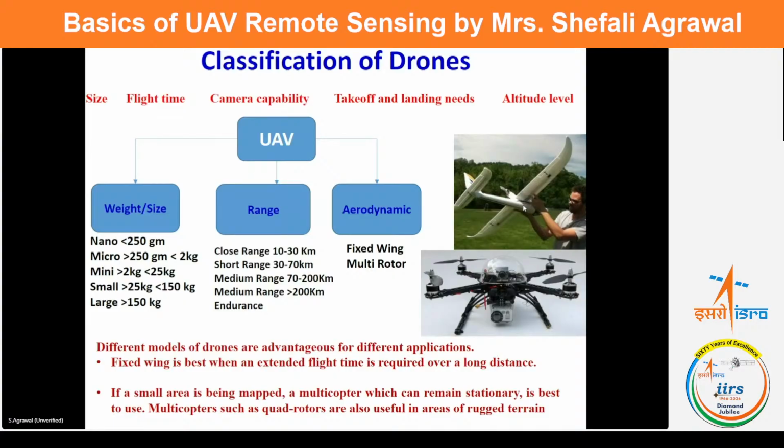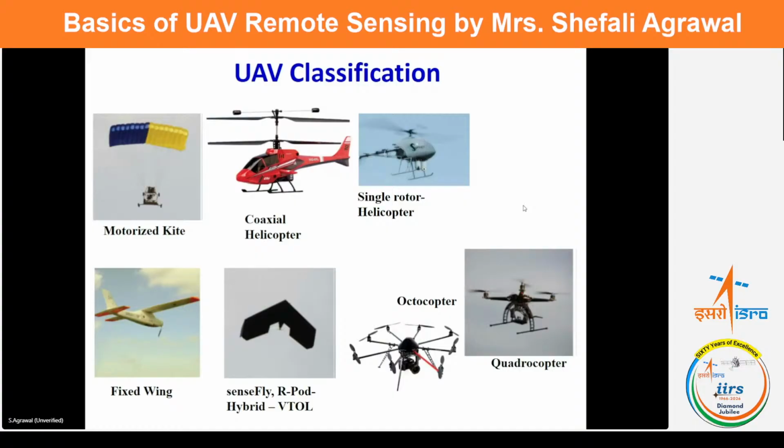It looks like a fixed wing, but it can be released from a fixed point, so you don't need a runway, but all other properties remain the same as the fixed wing: it cannot be stationary at a point, it cannot be tilted. But the advantage you get is that instead of a runway, you can do a vertical takeoff and vertical landing, and you can cover a larger area.